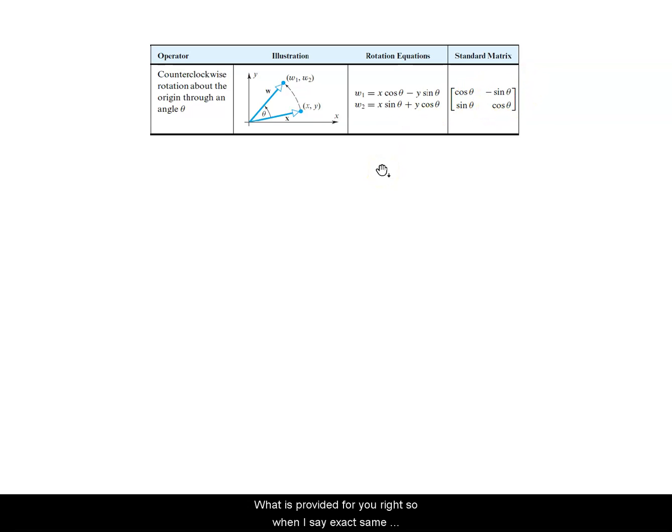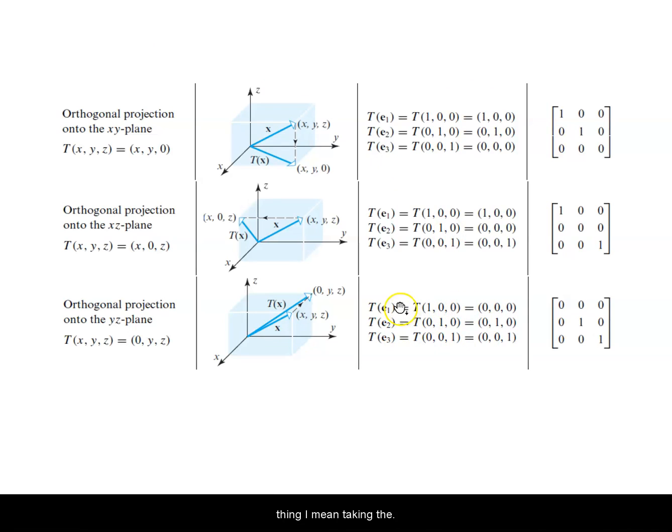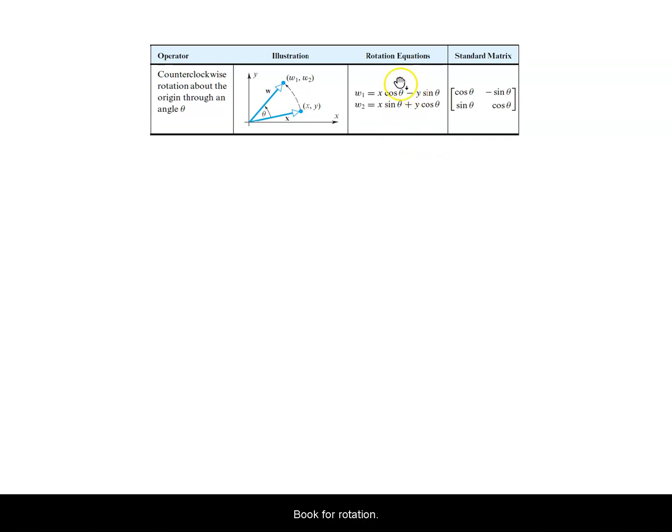When I say the exact same thing, I mean taking the unit vectors, the standard vectors, and plugging them into our transformation to get what we get out. But for rotations, it's a little bit different. We can do the same thing, although that depends on your rotation. The standard matrix for a counterclockwise rotation in 2D is cosine, sine, and then negative sine, cosine.